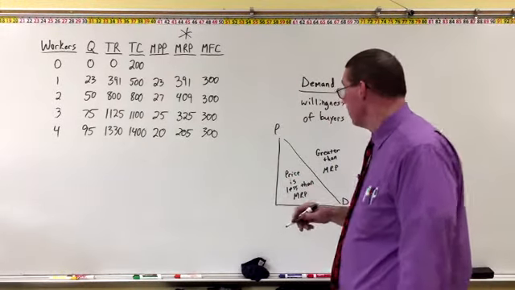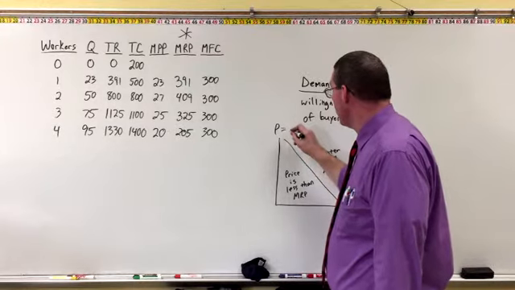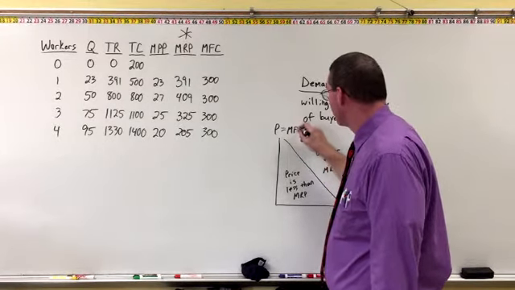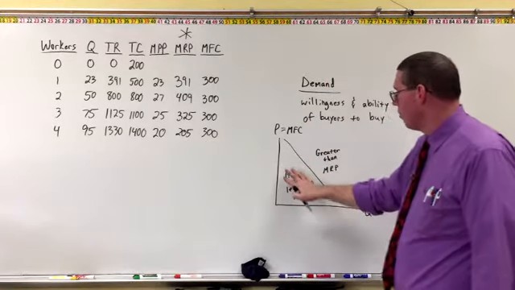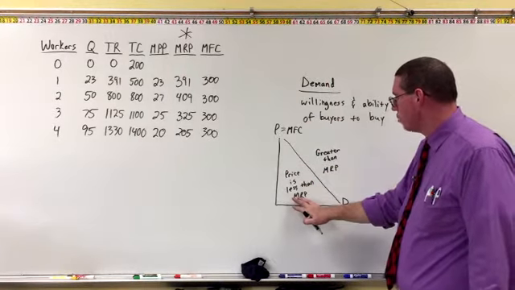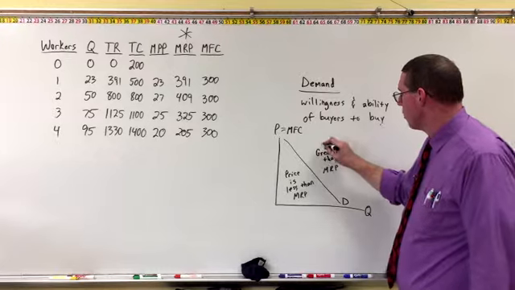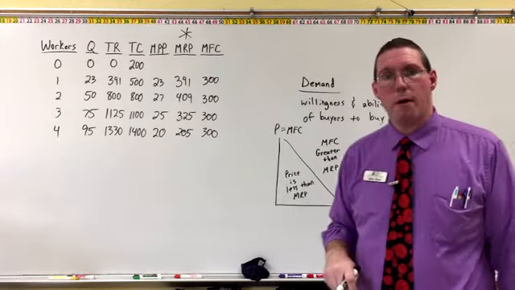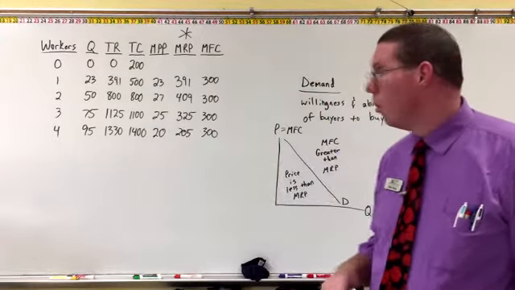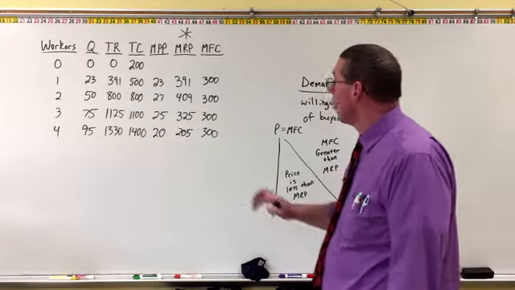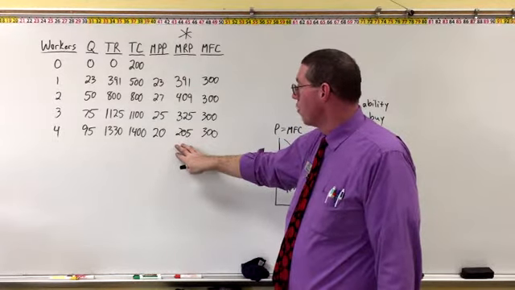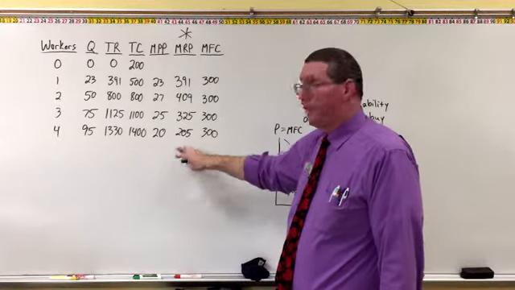That's how much you're actually paying. So if the price is the marginal factor cost, this is going to be a place where the marginal factor cost is less than the marginal revenue product, and over here is where the marginal factor cost is larger than the marginal revenue product. And so we can understand the marginal revenue product as the demand for this factor in the factor market.